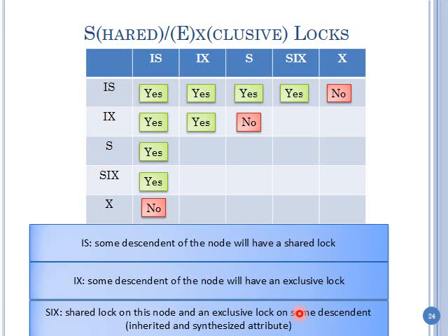IX and SIX. Somebody is reading the whole tree and writing some component of it, and you want to write to some component of it. If it's the same component, at the component level we'll have two X conflicts.